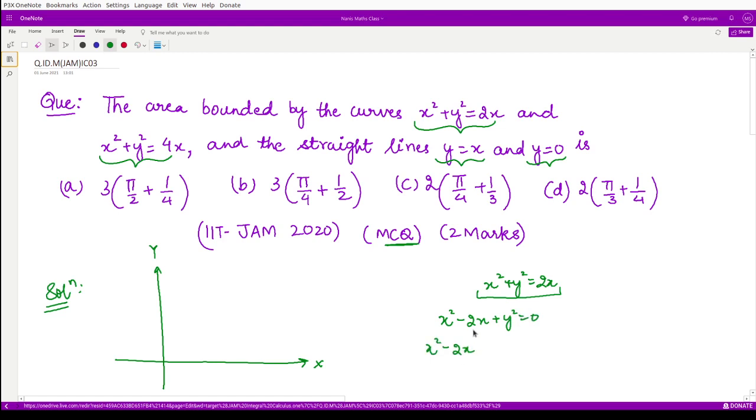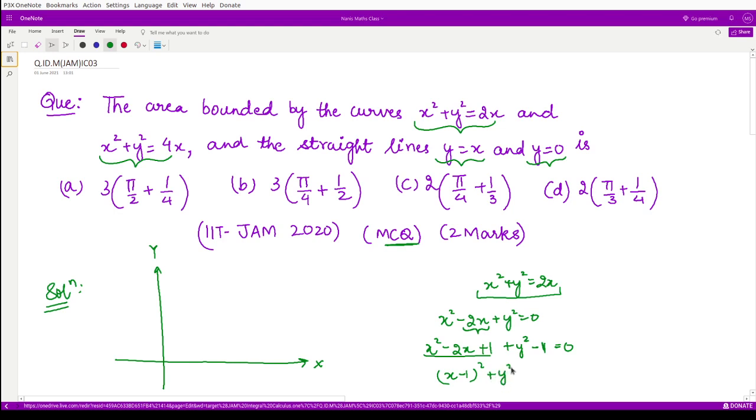Now how do you complete the square? You divide this mixed term with 2, that would be minus 1, take its square, that would be plus 1, so you add plus 1 and moreover you subtract 1, so you have plus y square and minus 1 is equal to 0. So this term now becomes x minus 1 whole square.